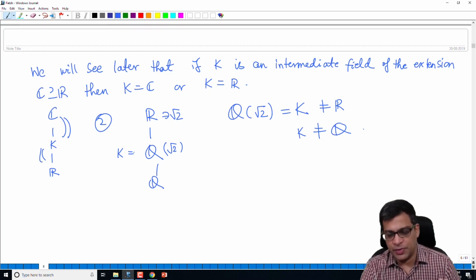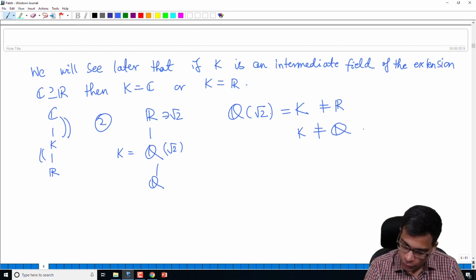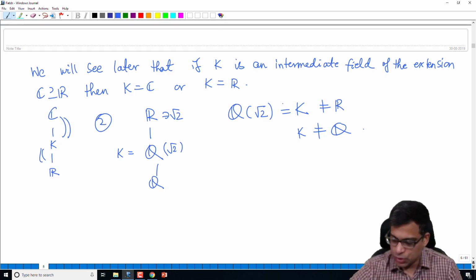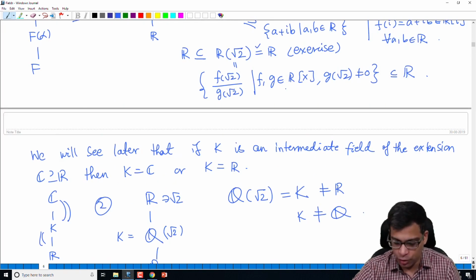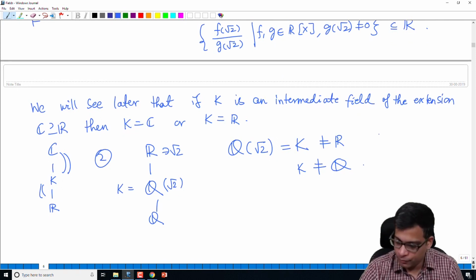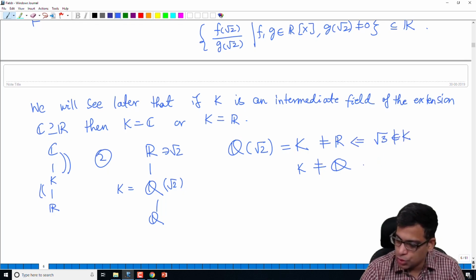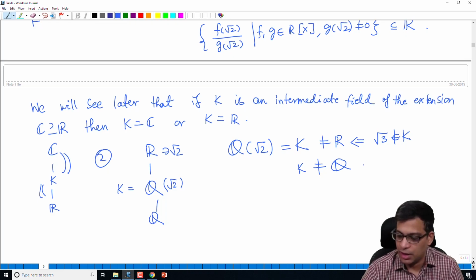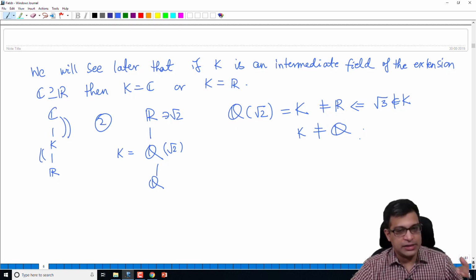Similarly, R contains many real numbers which are not going to be expressed in terms of Q(root 2), because Q(root 2) is only things like f(root 2) by g(root 2), where f and g are rational polynomials. For example, one can check quickly that root 3 is not in K, and so this implies this, because root 3 is not in K but it's in R. Okay, so these are important subfields of C.